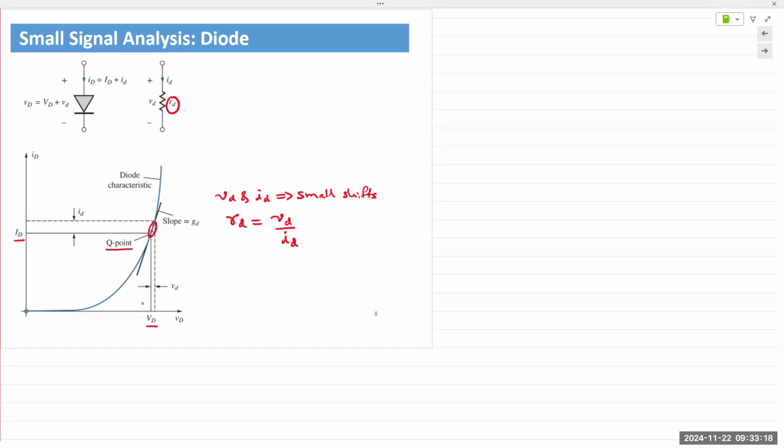From there, we can define the reciprocal of the diode resistance as the conductance GD. Conductance GD is ID over VD.